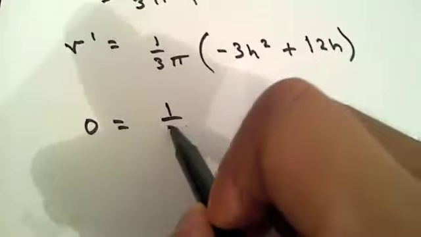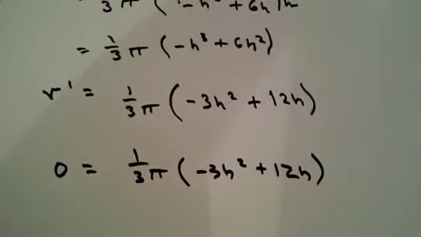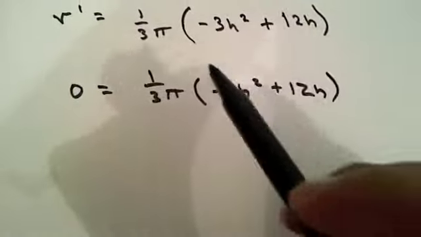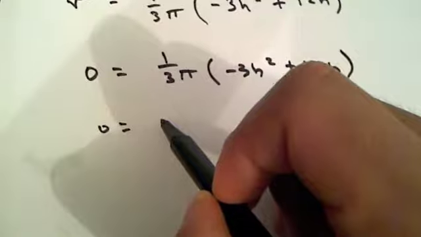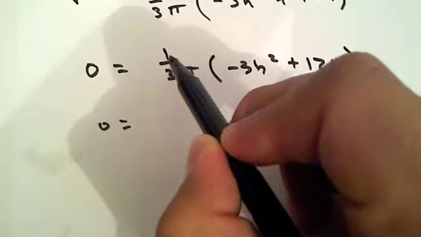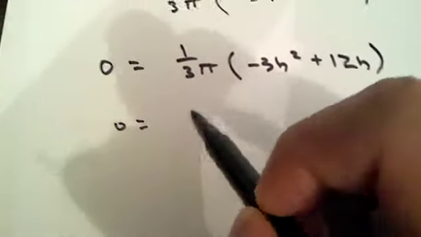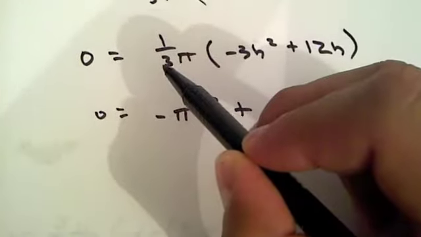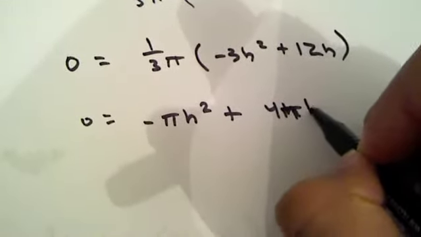So you have 0 equals 1/3 pi times (negative 3h squared plus 12h). What you can do is distribute the 1/3 pi to both of these terms. So you would have 0 equals, 3 times 1 is negative 3, divided by 3 will be negative pi h squared, plus 12 divided by 3 is 4 pi h.